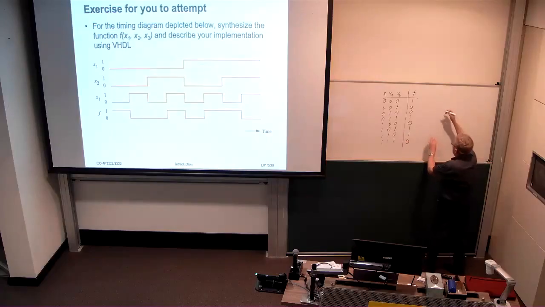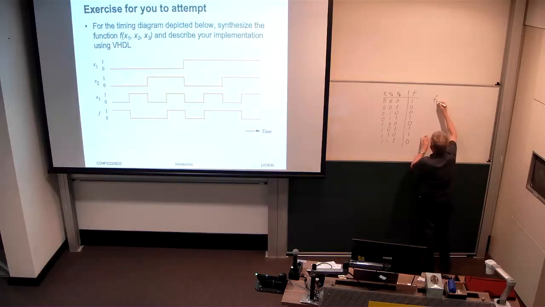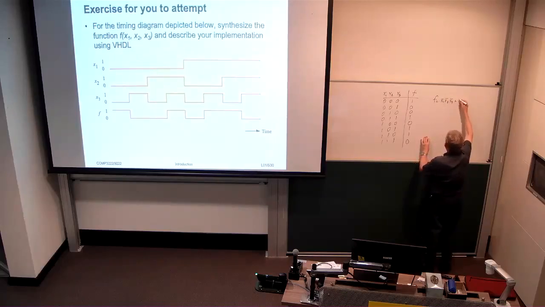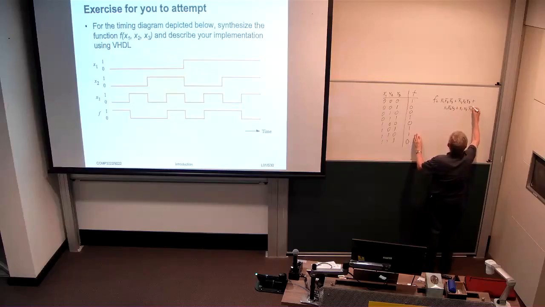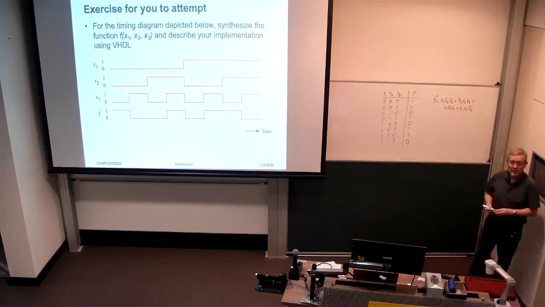So we could write that out. Not x1 and not x2 and not x3, or not x1, x2 and x3, or we have x1, not x2, x3, or x1, x2, not x3. Right?